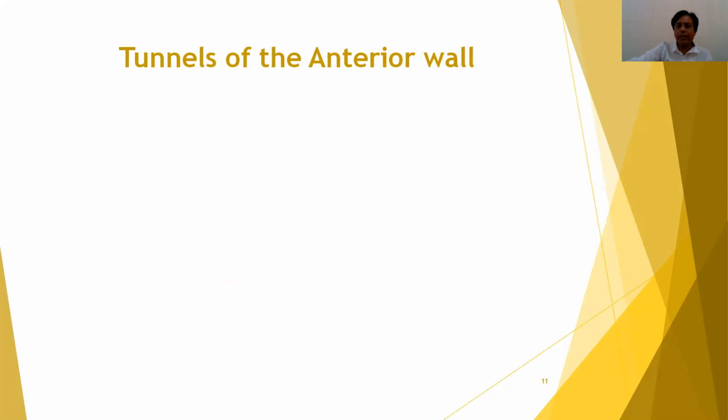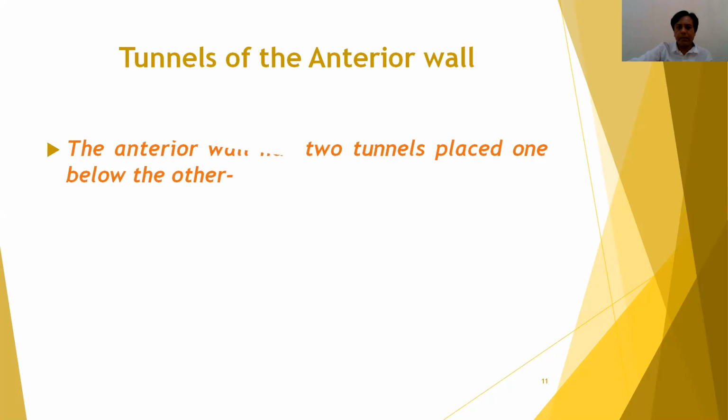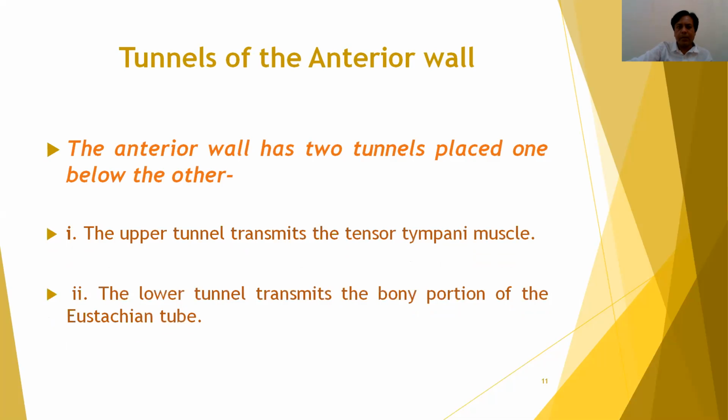Then tunnels of anterior canal. Two tunnels are present in anterior canal, one below the other. The upper tunnel transmits the tensor tympani muscle. The lower tunnel transmits the bony portion of the Eustachian tube.